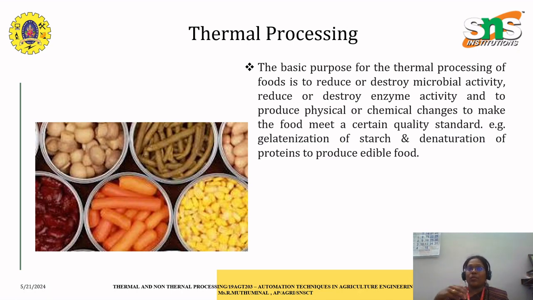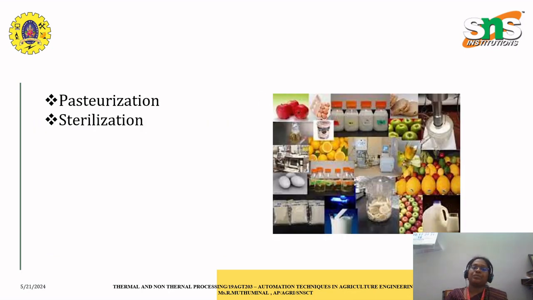Whenever we want to make a liquid item thicker, we just mix one spoon of corn flour with water and apply heat, and it becomes gelatinized, like a jelly, and we can utilize that for the creation of any kinds of sweets, for example halwa. Or we can denature the proteins in french fries. So these are some kinds of thermal processing methods.